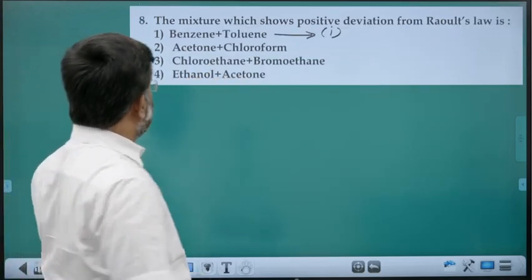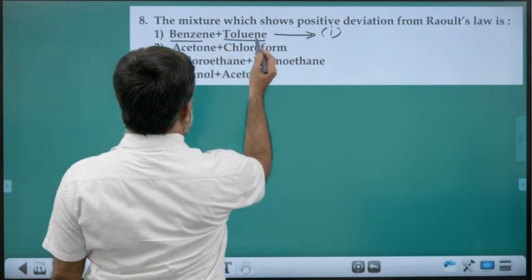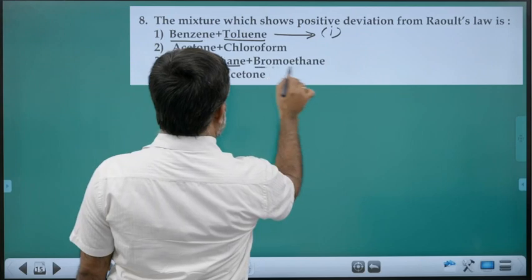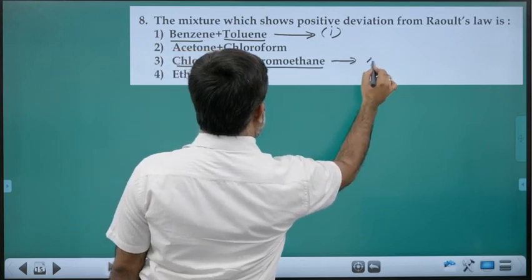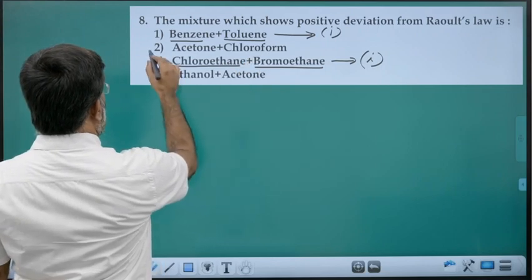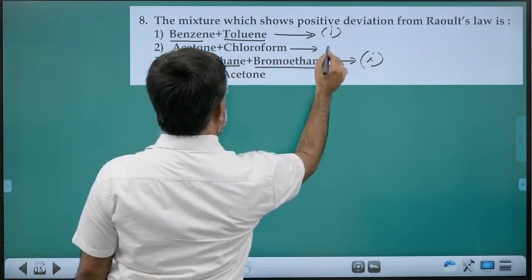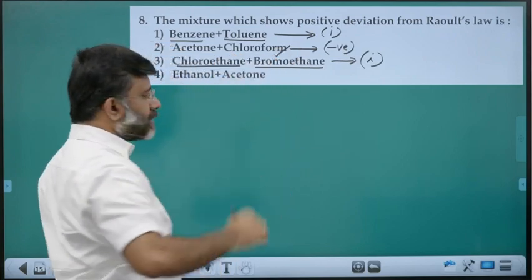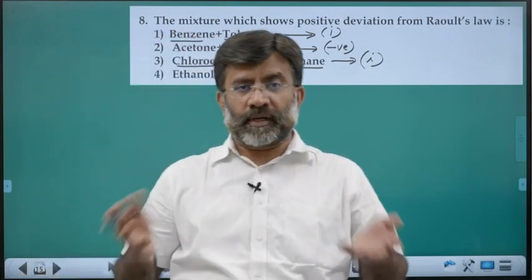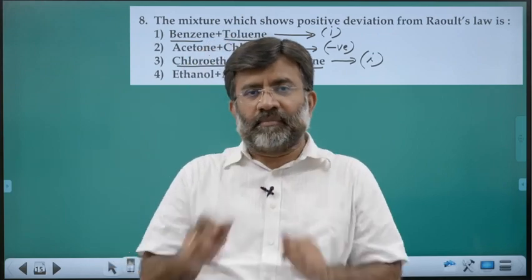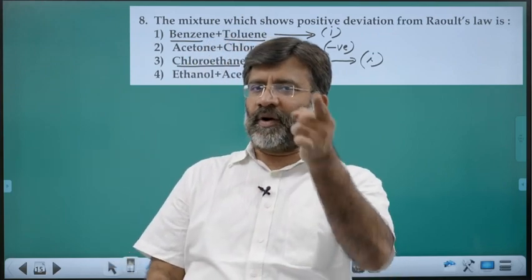Chloroethane, bromoethane: you see, these two molecules are identical, so they will form an ideal solution. Acetone chloroform will form a negative deviation. I'm sure this is given in the NCERT example also. After mixing, the oxygen of acetone makes a hydrogen bond with the hydrogen of chloroform.